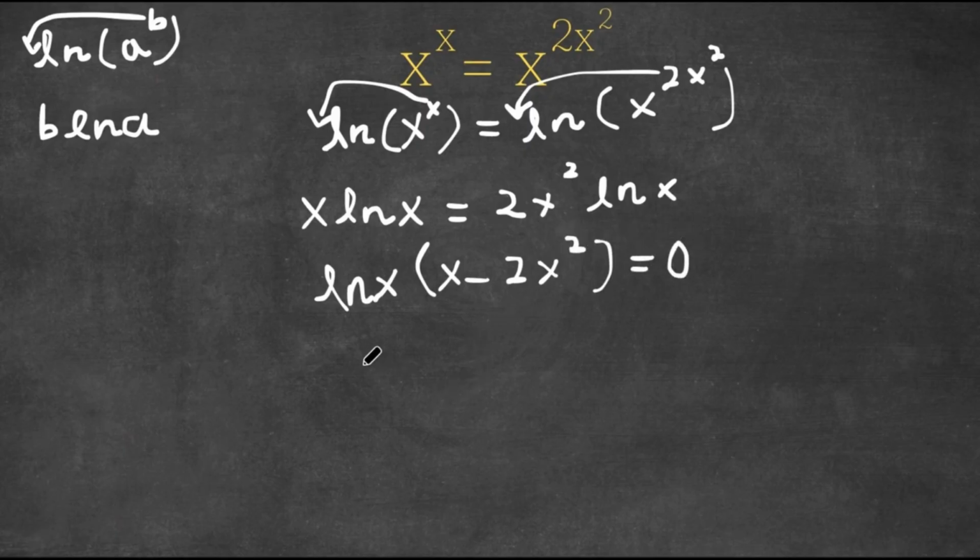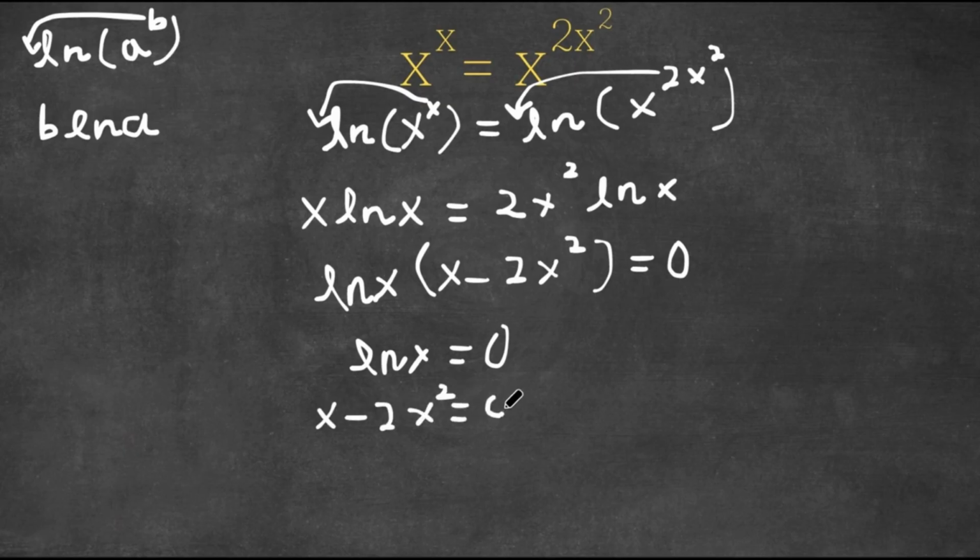And now this gives me two equations: ln of x equals 0, as well as x minus 2x squared is equal to 0. For ln of x equals 0, this means that x is equal to 1.